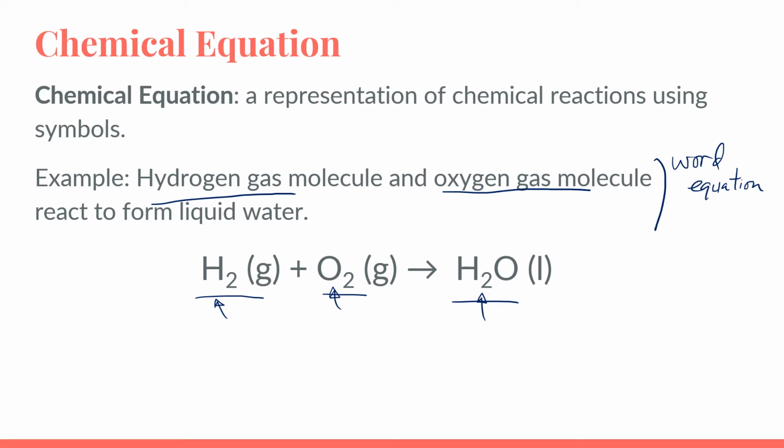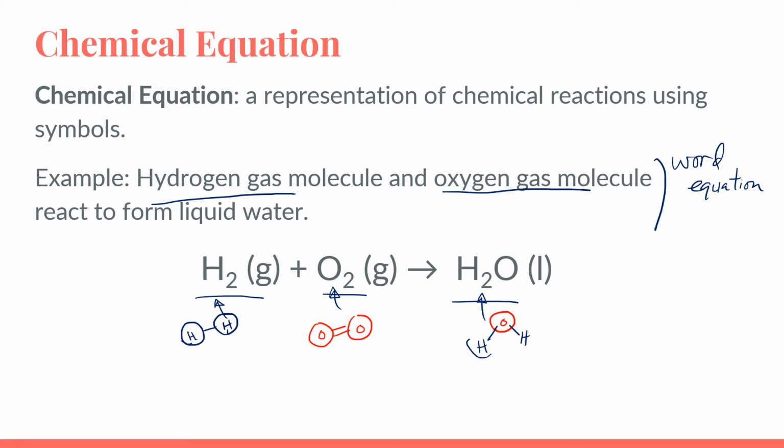But I think it's going to be more helpful if we draw out these molecules. H2 gas looks like this. Two little blue circles for H's. This is what H2 gas kind of looks like. If you remember, oxygen combines in a double bond, so I'm going to draw two little lines there. And then water has one oxygen and two hydrogens.